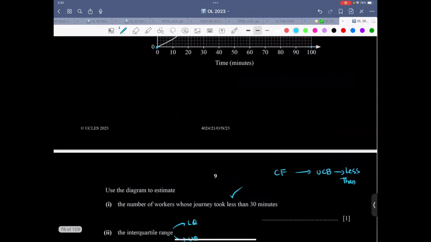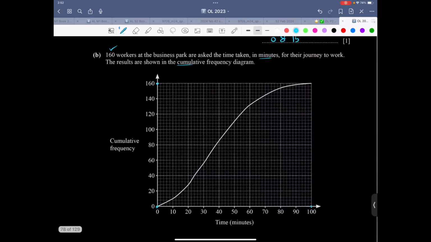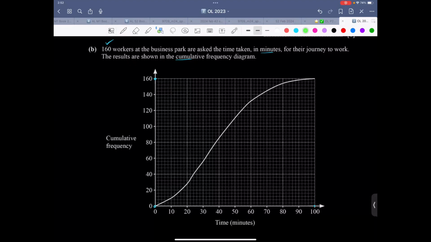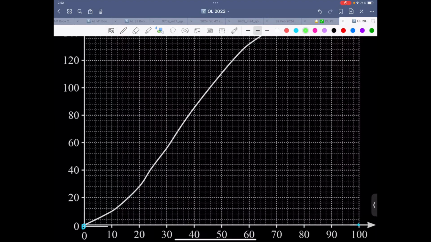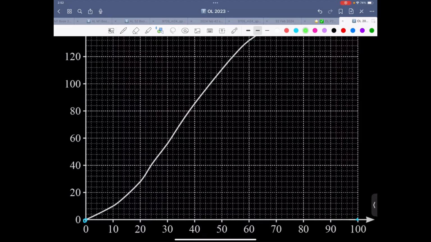So first of all, took less than 30 minutes. Let me grab a green marker. Let me grab the straight edge, and let me make it bigger. And from 30, if I draw a line just like this, touch the graph, go left, and that's how I read this value.